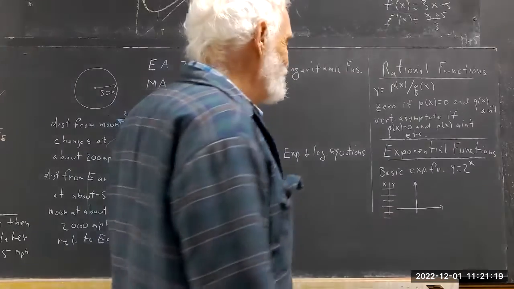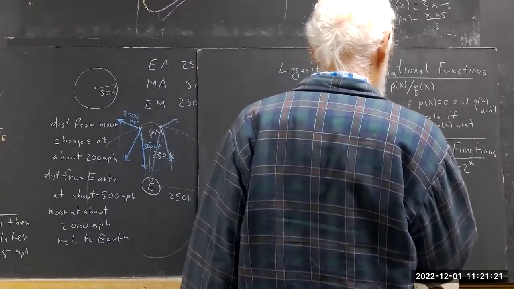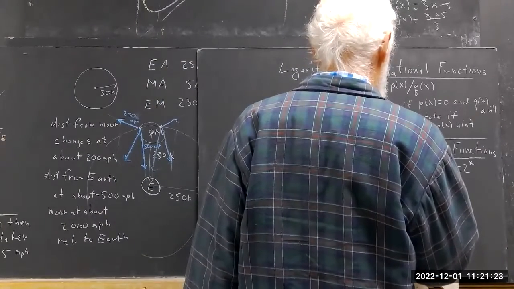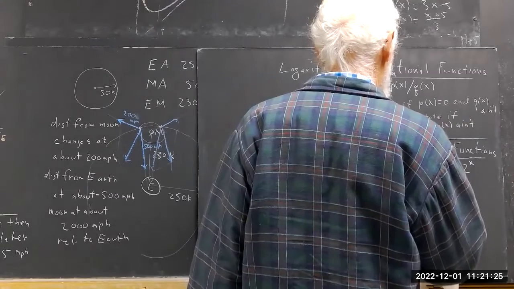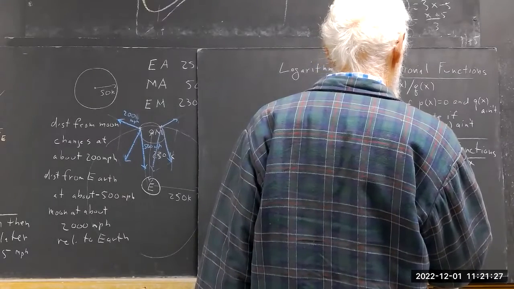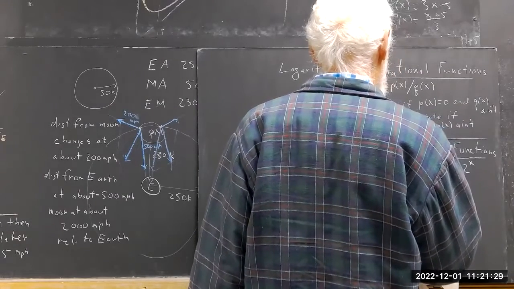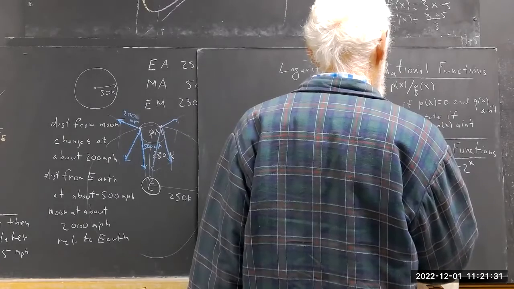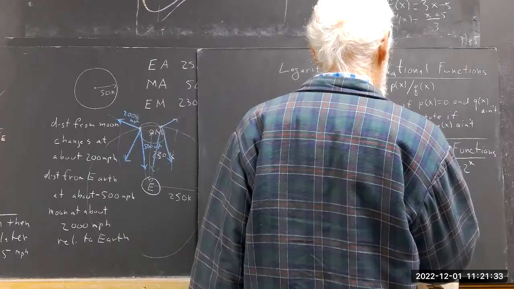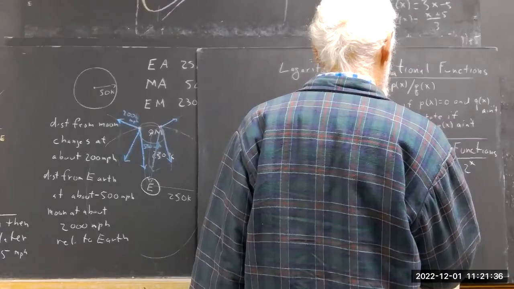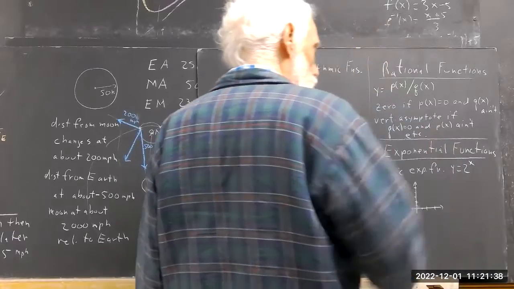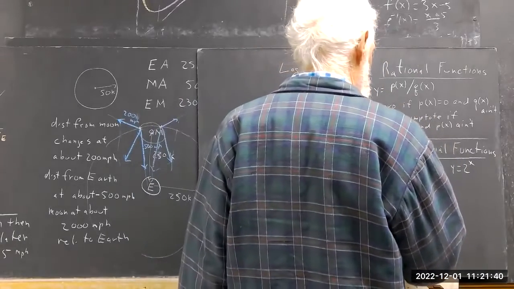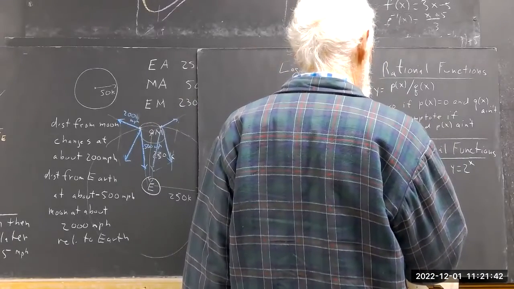Okay, so everybody knows how to line off the graph and plot the points. They have points like this.